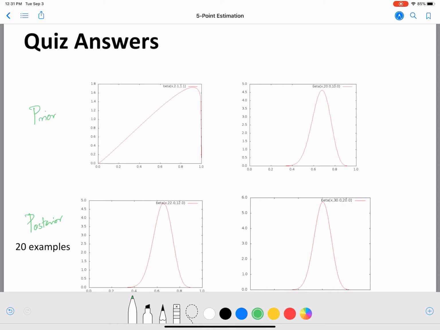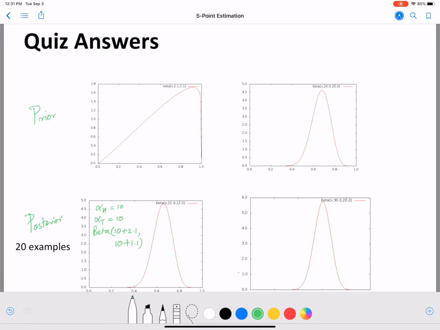So now we have alpha h equal to 10, alpha t equal to 10, and we have beta of 10 plus 2.1, comma 10 plus 1.1.